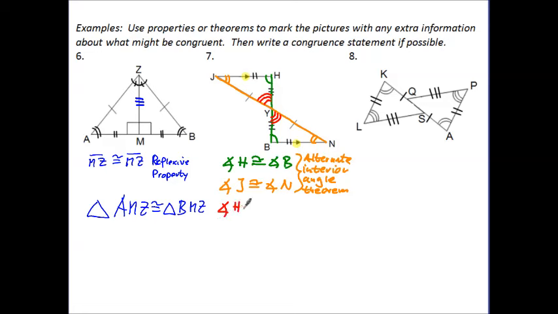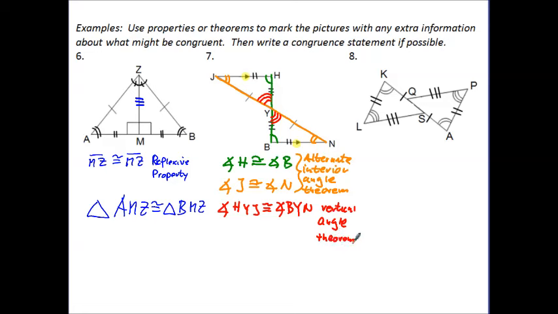Angle HYJ is congruent to angle BYN, and that's because they're vertical angles. And we are using the vertical angle theorem to figure that out.